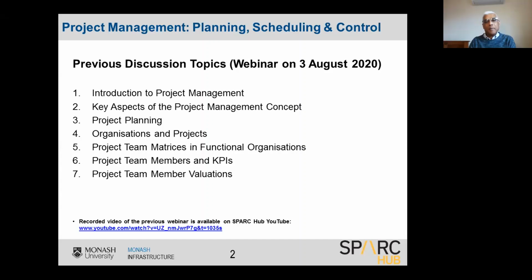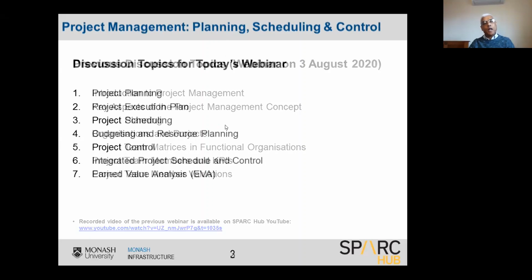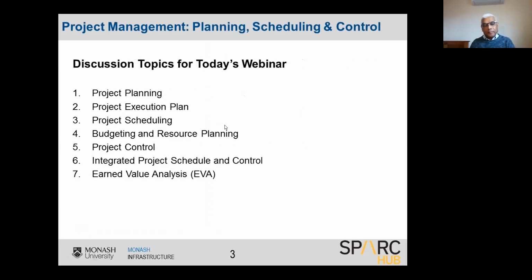In the previous discussion, the webinar that we had on 3rd of August this month, we discussed the key aspects of project management basics, the organizational systems, project team matrices, project team members, KPIs, and project team member evaluations. Today we are going to discuss project planning and the project execution plan, project scheduling, budgeting and resource planning, and of course the integrated project schedule and control.